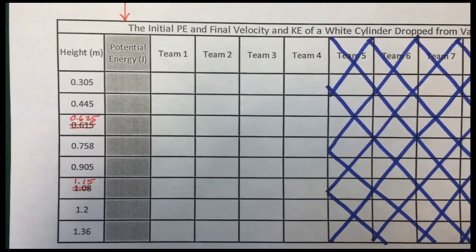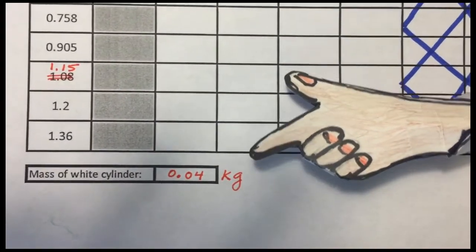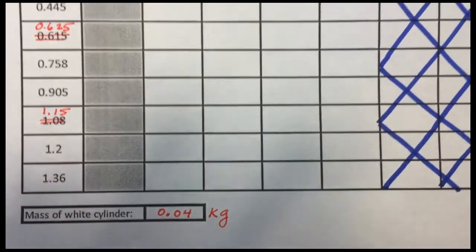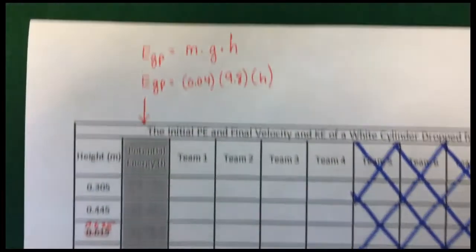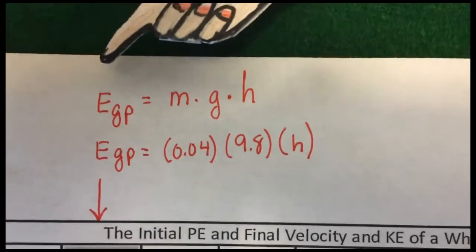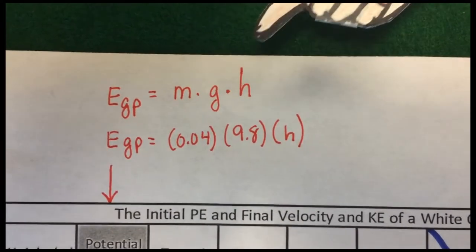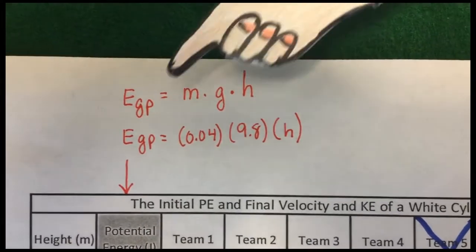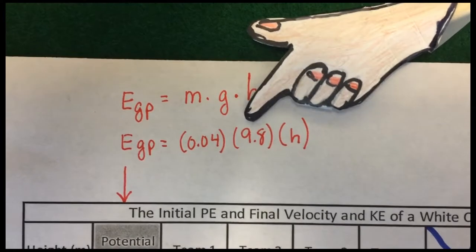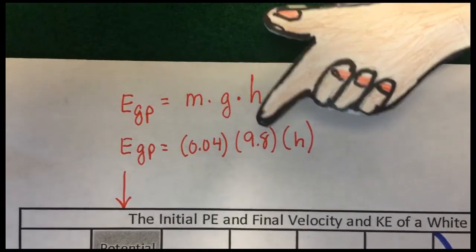Using those heights and the mass of the cylinder, which is 0.04 kilograms, you are going to be calculating the initial energy that we start off with as we lift our cylinder to each of those heights. So we'll use the gravitational potential energy expression, which is mass times little g times height.